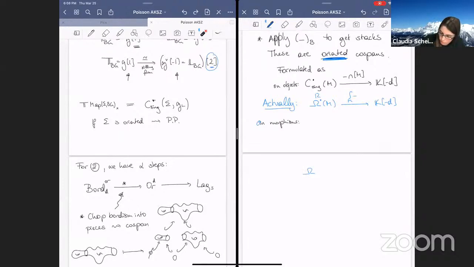My convention was M and then a sigma in and a sigma out. So for example, something like this. On the forms, I have maps going the other way. And so one might hope that we can just integrate everywhere.